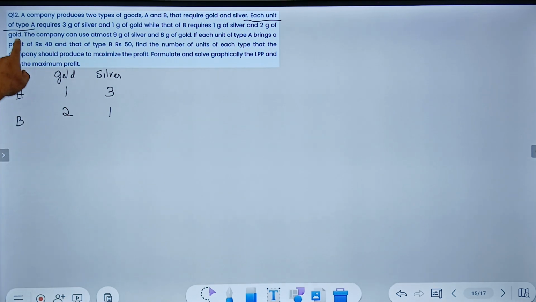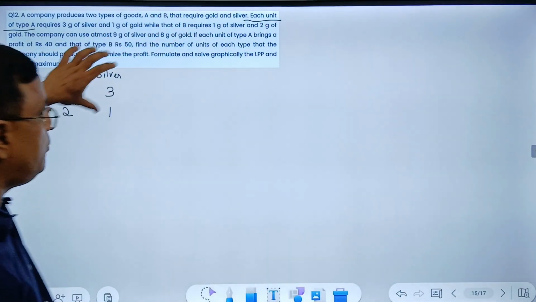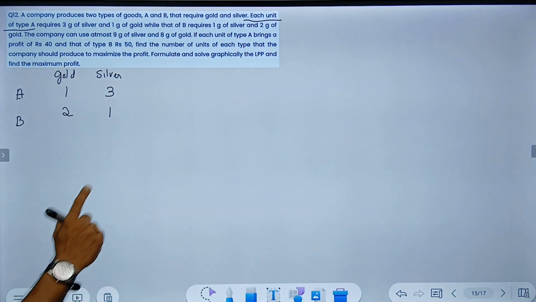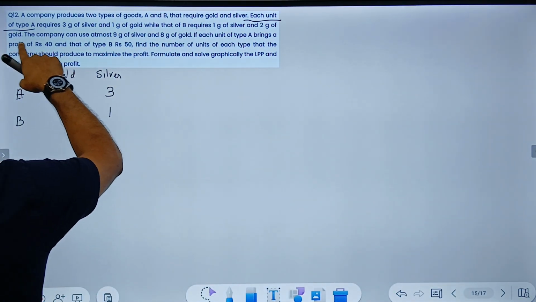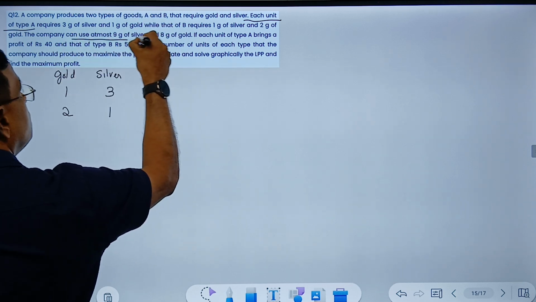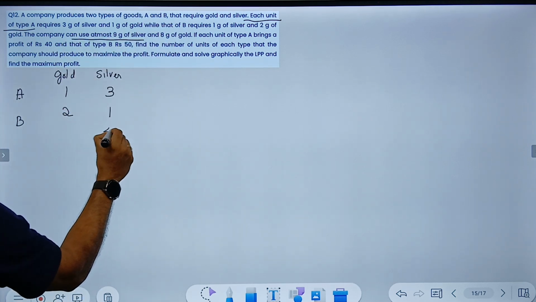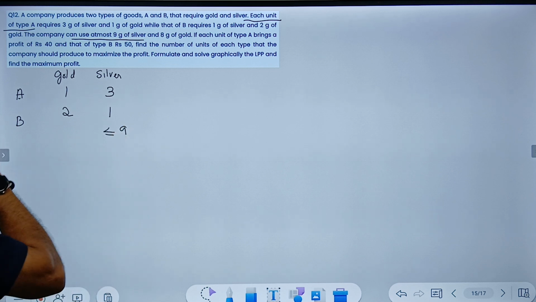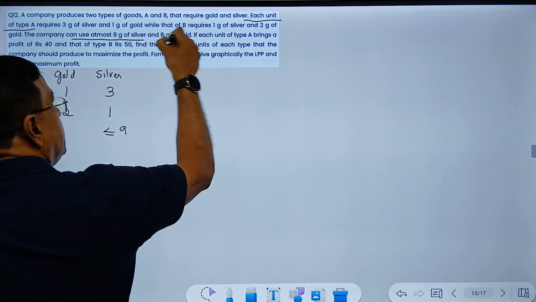Okay. So from the data I have tabulated it. The company can use at most 9 grams of silver. It cannot exceed 9. And it cannot exceed 8 grams of gold.